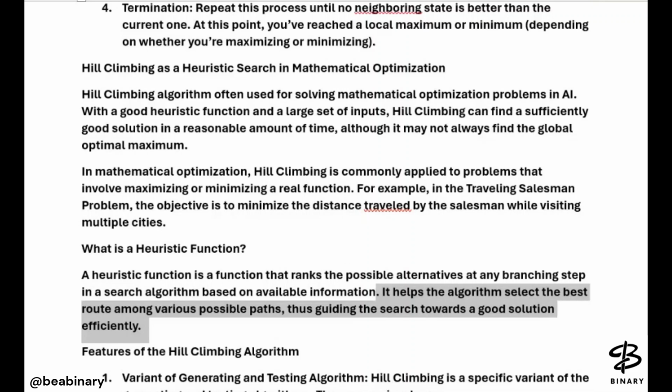Thus it guides the search toward a good solution efficiently, based on the heuristic function value, the heuristic rank. Basically, the heuristic function gives the rank of the present state of a solution.